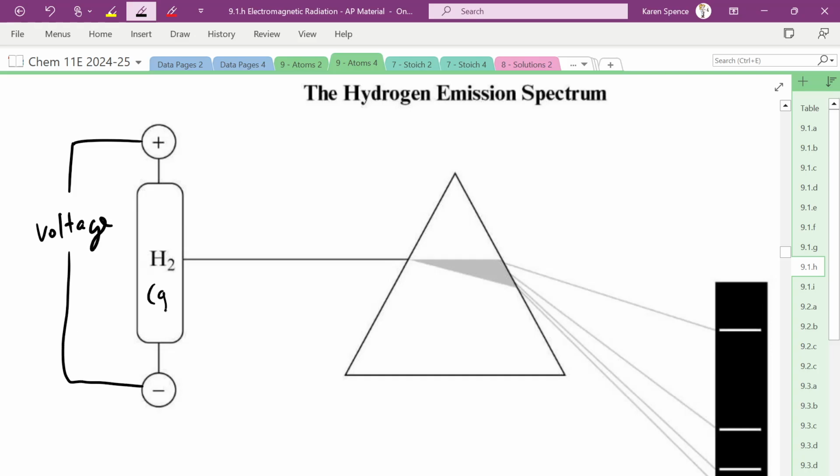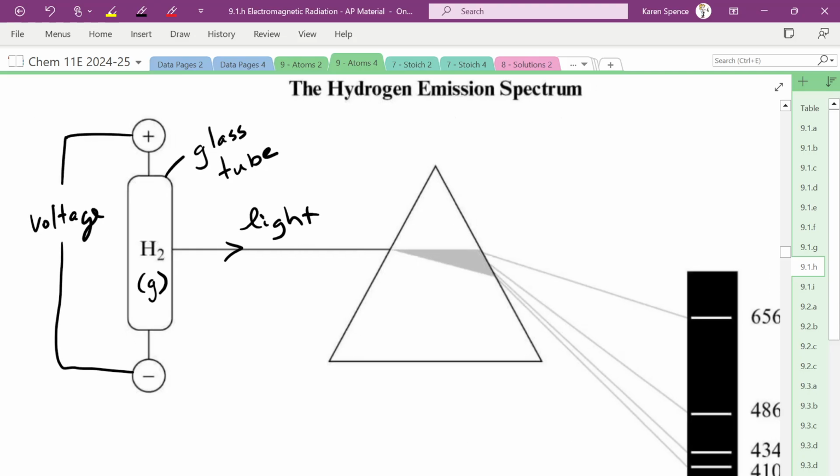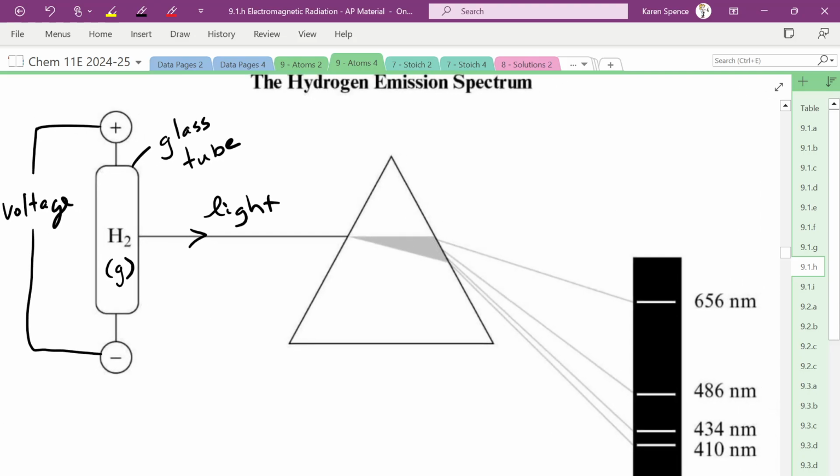Here we have some H2 gas in the glass tube. Out comes some light. And there's 4 different kinds of visible photons.